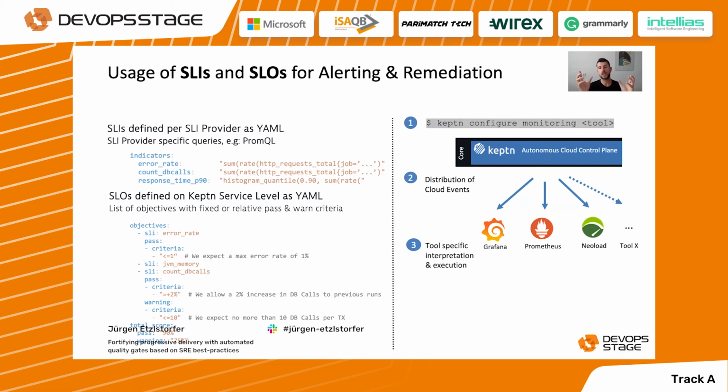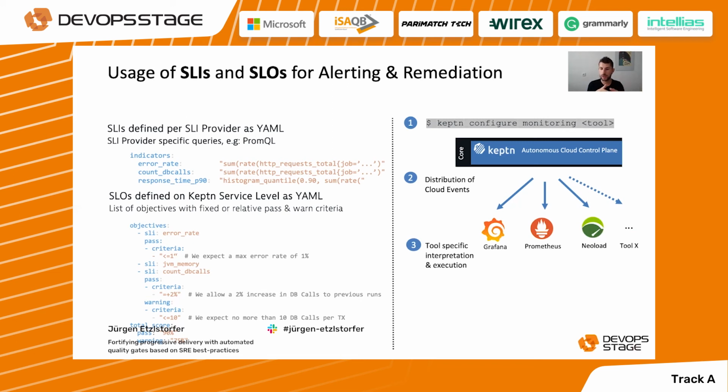They now do this, I call it here a tool-specific interpretation and execution. So basically they are taking a look at the cloud event, and from this cloud event they are generating the needed either data structures or API calls. In the case of Grafana, they are actually generating the JSON for the dashboard configuration and doing an API call to Grafana with this JSON as a payload to set up dashboards.